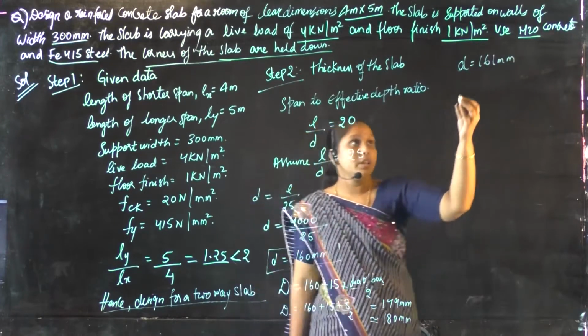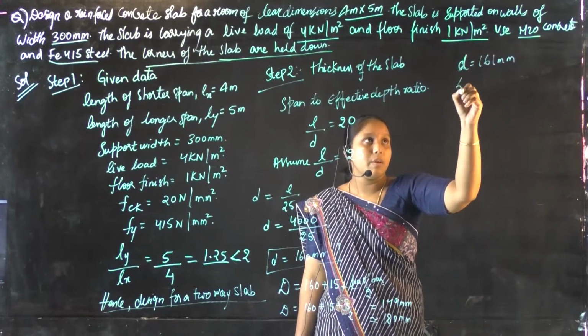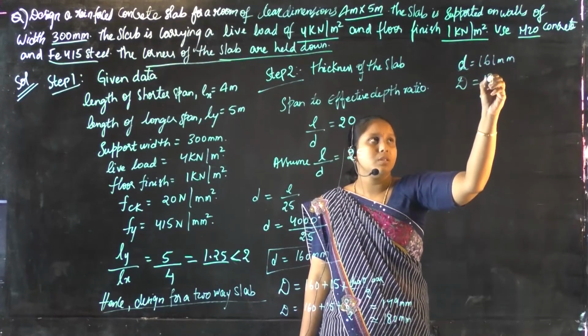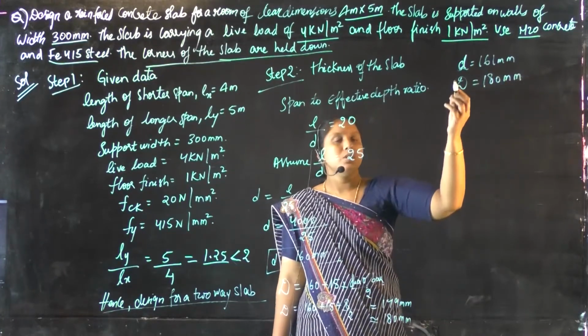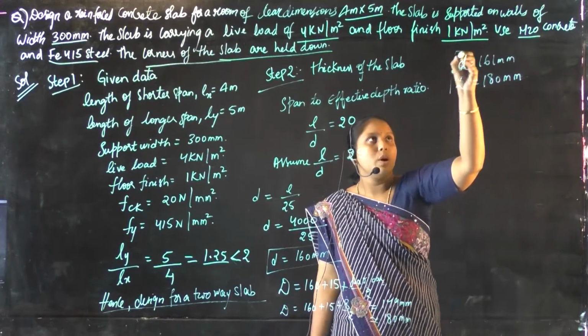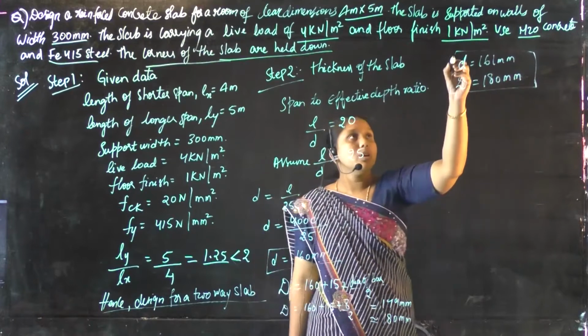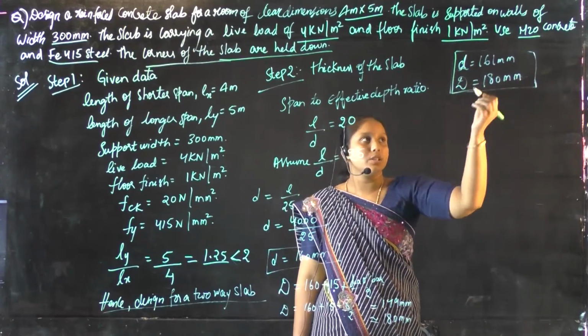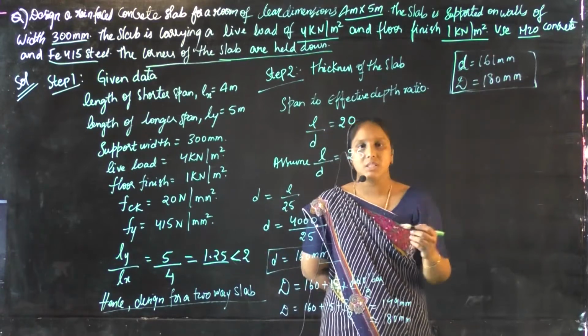So here I am taking the effective depth d as 161 mm and the overall depth D as 180 mm. So what is the thickness of the slab now? The thickness of the slab is 180 mm. Now we have calculated the thickness of the slab as 180 mm, and the effective depth I have taken as 161 mm.